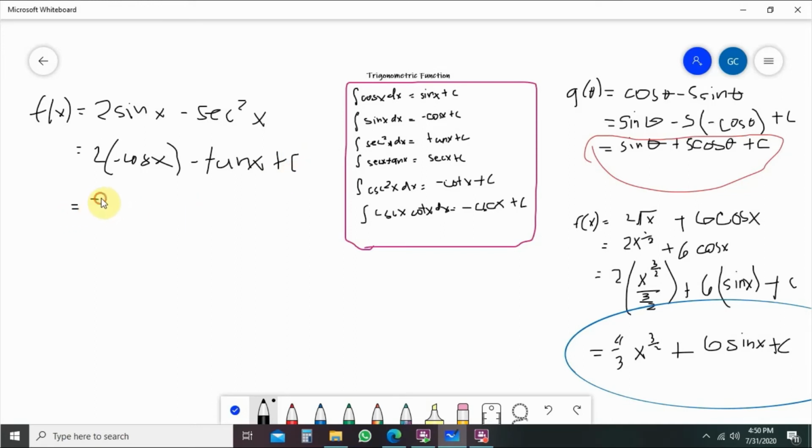So this would be negative 2 cosine x minus tangent x plus some constant c. Now that is your final answer.